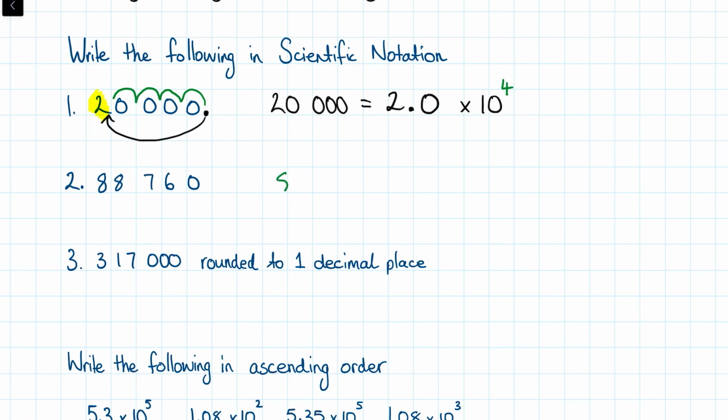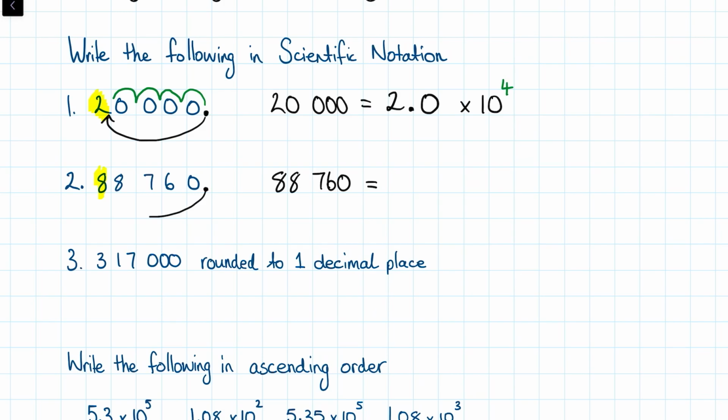For the second one here, 88,760. Well, identify the first number that is not 0. The decimal point would have been at the end of this number.